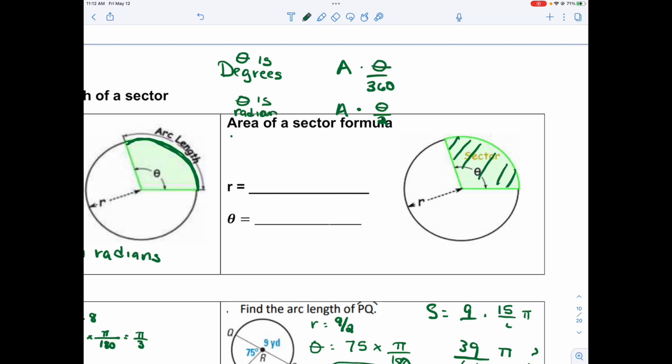And remember, the area of a circle is pi r squared, so that's going to either be times theta over 360, if degrees, or pi r squared times theta over 2, if radians. As always, r is the radius, and theta is the angle of the sector.